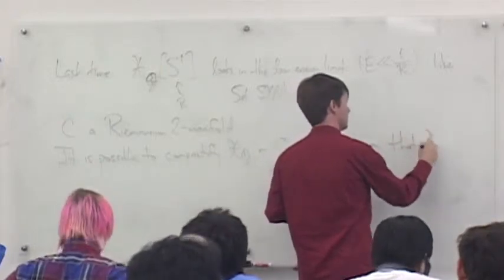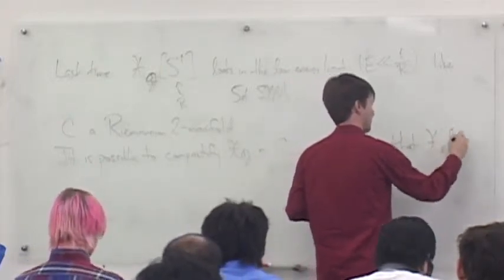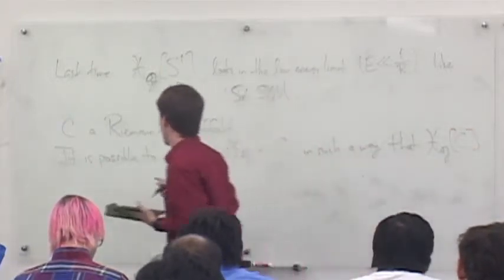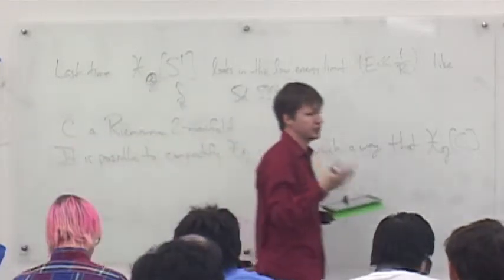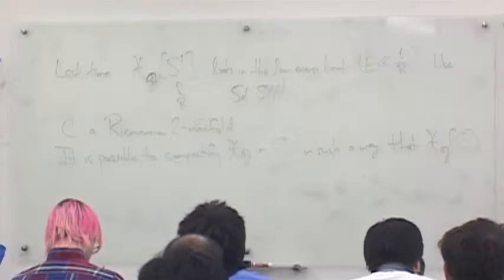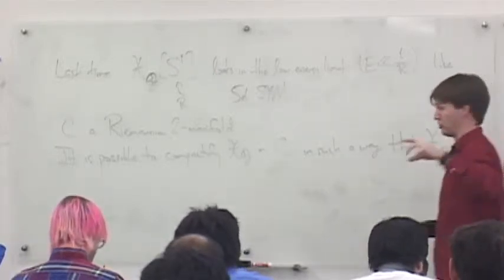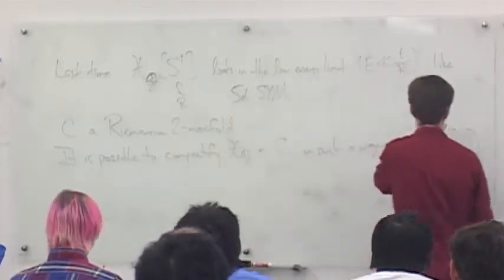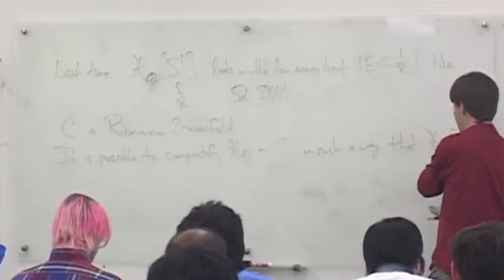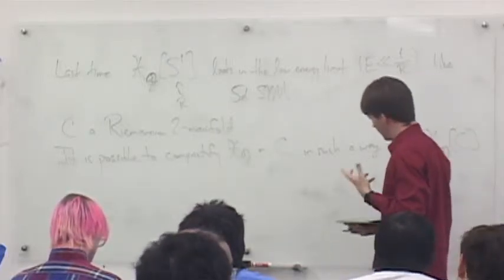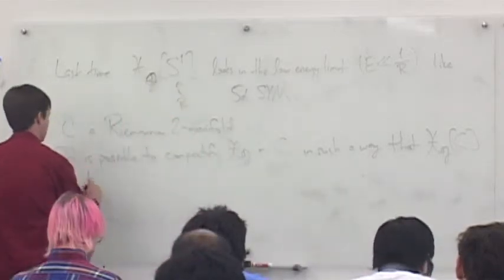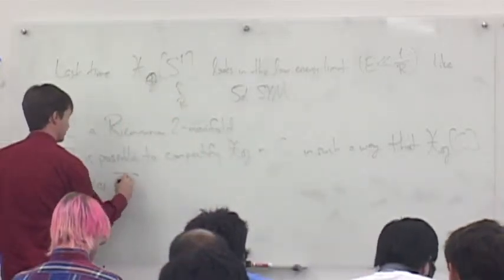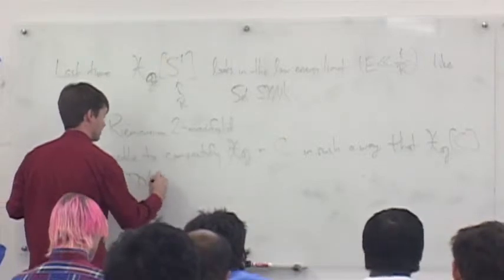But here, there's a nice way of compactifying theory X on a 2-manifold such that the resulting theory, first of all, has 4-dimensional Poincare invariance. We started with a 6-dimensional thing and compactified 2 of the dimensions into this 2-manifold, so there will be 4 dimensions left over. So it has 4-dimensional Poincare invariance, ISO(3,1).